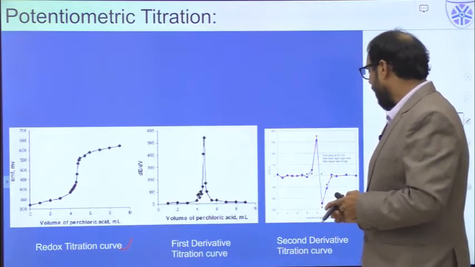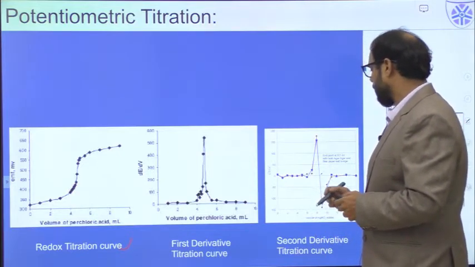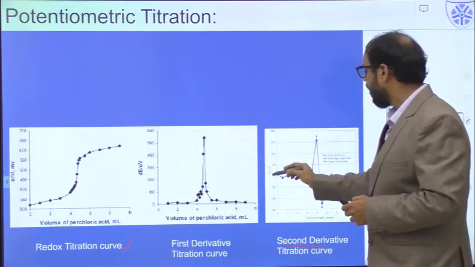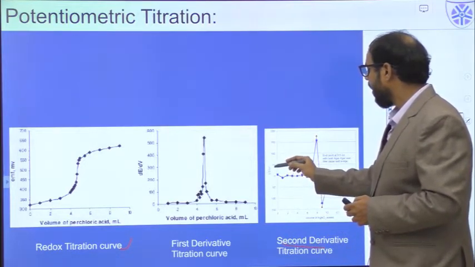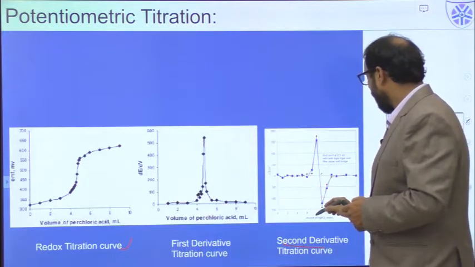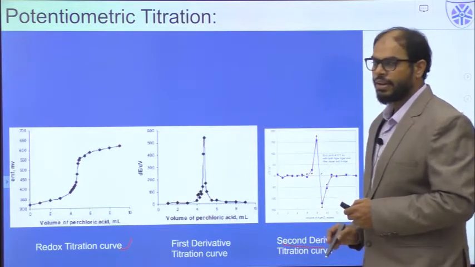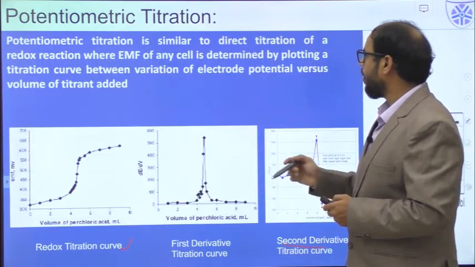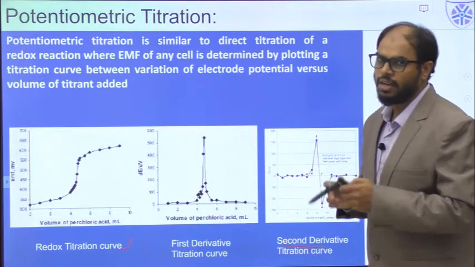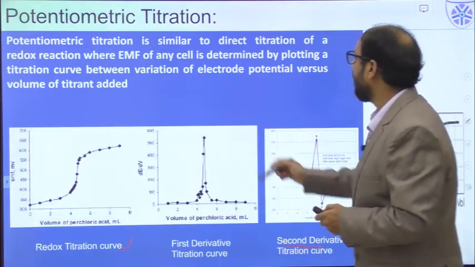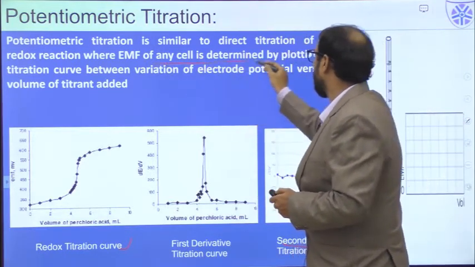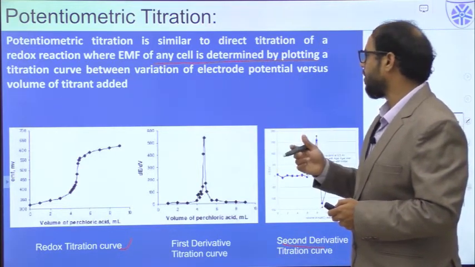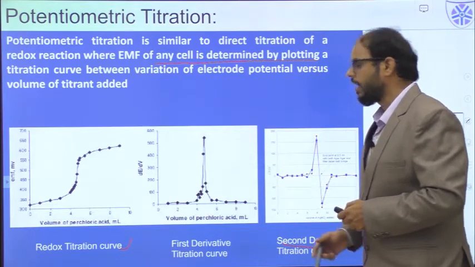We can also get the exact equivalence point by a second derivative titration curve, where we take delta square E by delta V square against the volume of the titrant on the x-axis. With this, we can say that the potentiometric titration is a similar kind of redox titration, where the EMF is measured by plotting a titration curve between electrode potential versus volume of the titrant added.